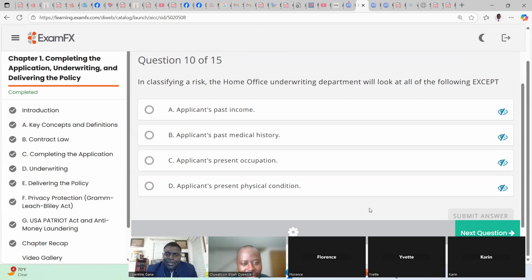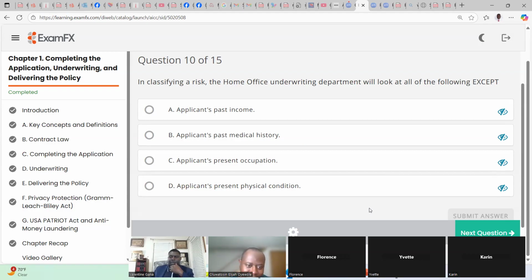In classifying a risk, the Home Office Underwriting Department will look at all the following except: applicant's past income, applicant's past medical history, applicant's present occupation, applicant's present physical condition.